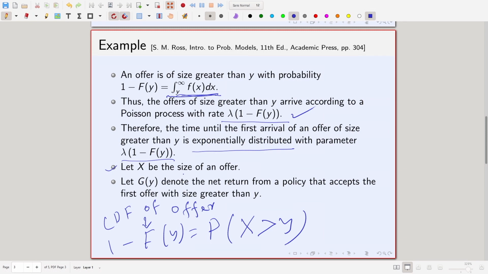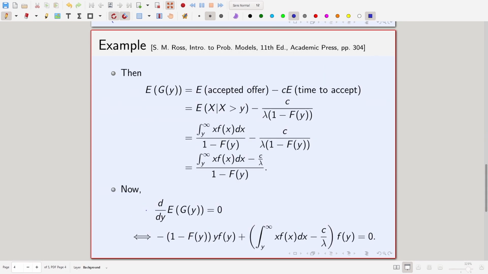Fine. Now, let x be the size of an offer and let G(y) denote the net return from a policy that accepts the first offer with size greater than y. Remember, we are interested in the expected net return. So, what is E of G(y)? That should be the expectation of the accepted offer minus C times the expected time to accept.